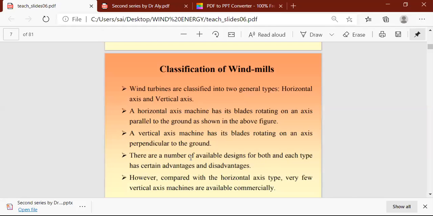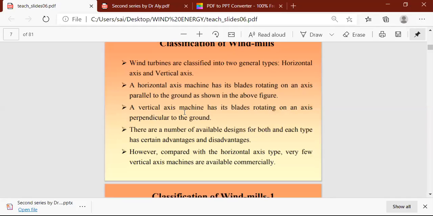Then a vertical axis machine has its blades rotating on an axis perpendicular to the ground. Which means in a horizontal axis wind turbine the blades are parallel to the ground, and in a vertical axis they are perpendicular to the ground. There are a number of available designs for both, and each type has certain advantages and disadvantages.